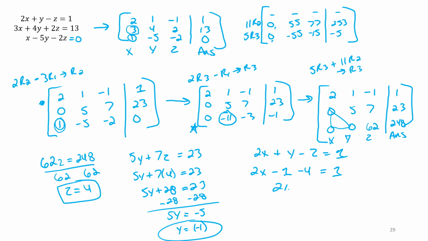You'd get 2x minus 5 equaling 1. Add 5 to both sides. You get 2x equal to 6, and x would equal 3. And writing it as a coordinate point, you'd get 3, negative 1, 4. And that would be your answer.